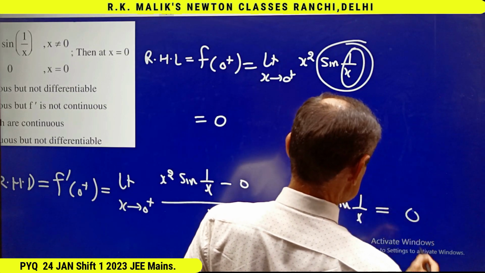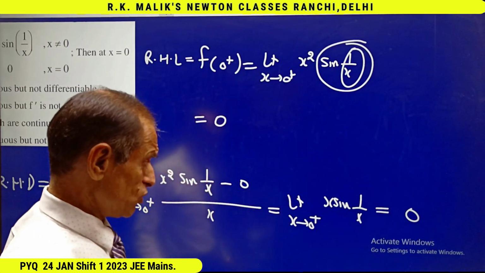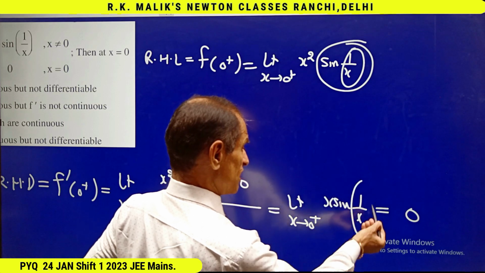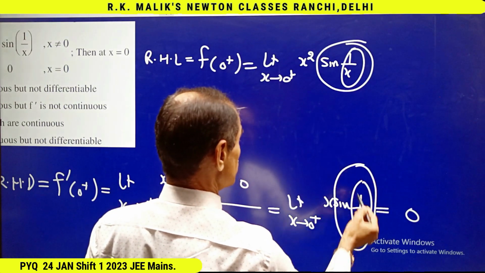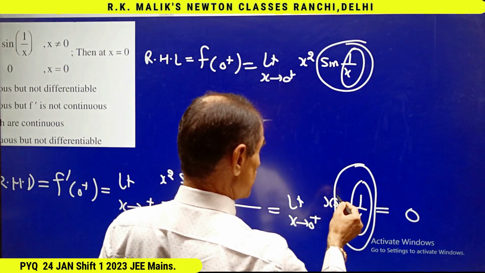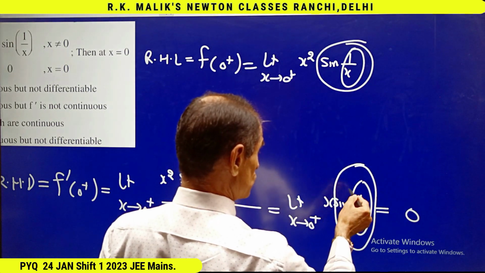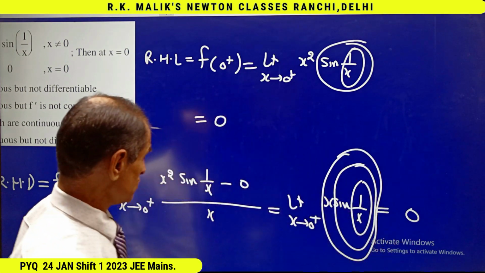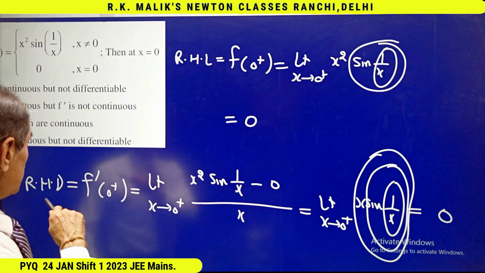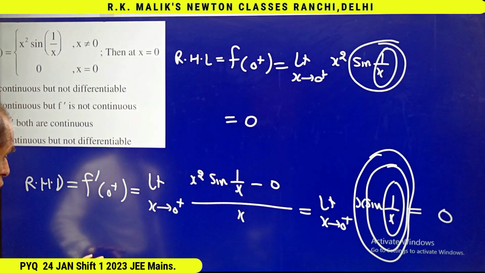The value of this is clearly 0, because sine 1 by x lies between minus 1 and 1, and x is tending to 0. Therefore, the whole thing will be tending to 0. Hence, the answer is 0. Therefore, I can say the right hand derivative is 0.